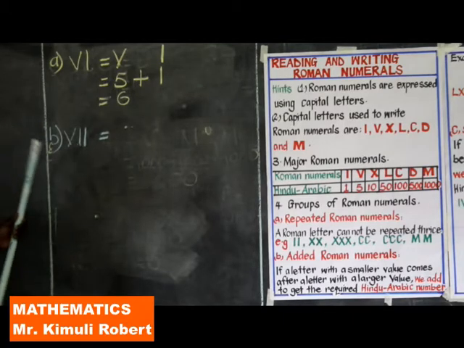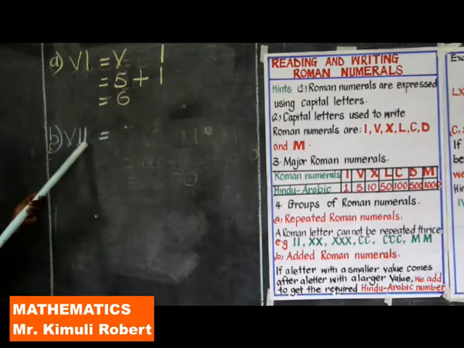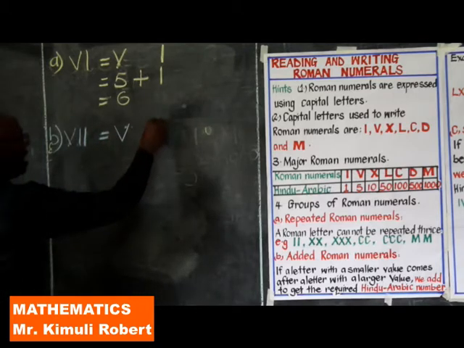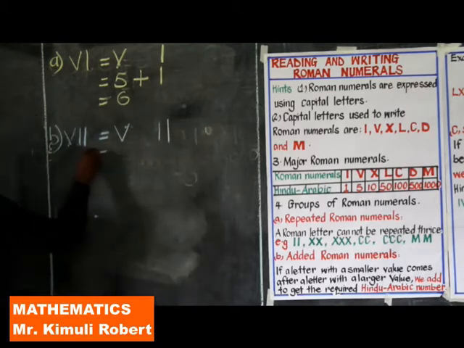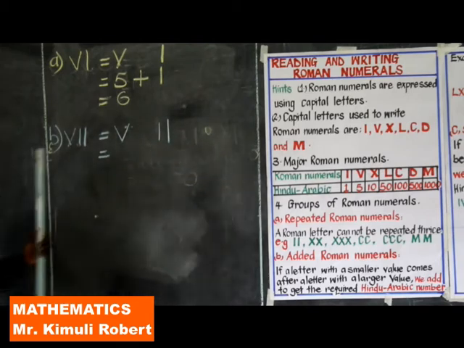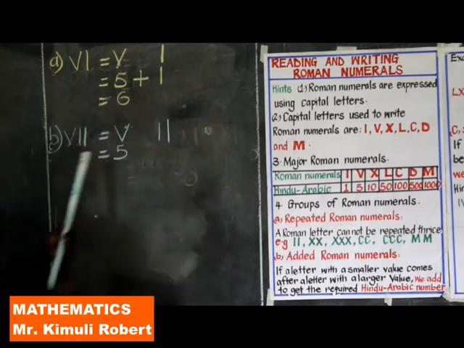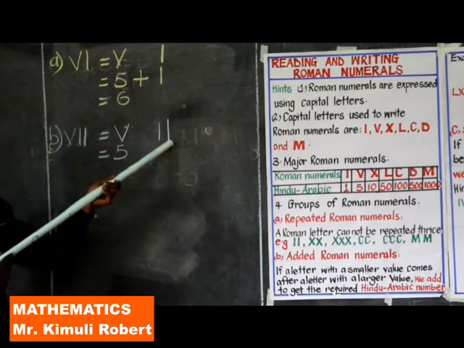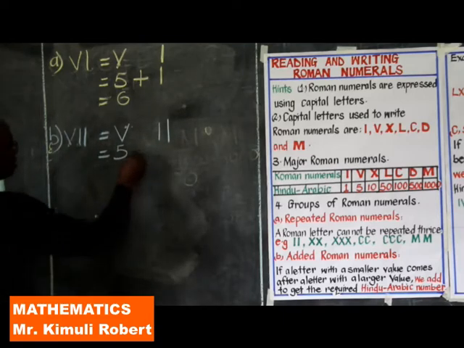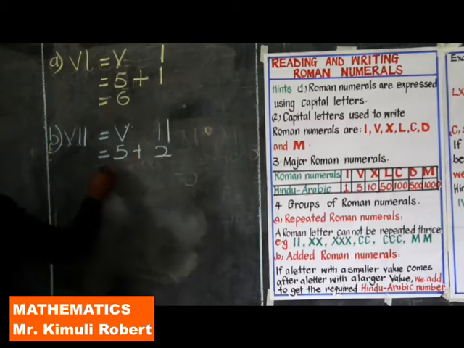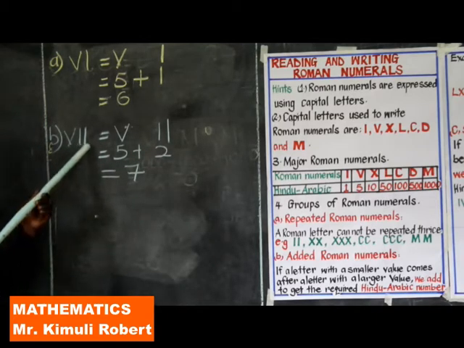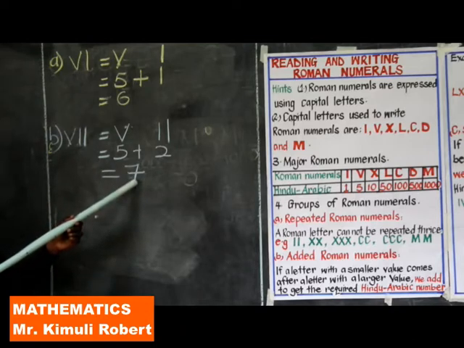So it means you're going to add to get what we mean by VII in Hindu-Arabic. So this is going to be V and II. V is 5. II is 2. This is 1 plus 1, which is 2. So this is plus 2. So we end up getting 7. Meaning that VII in Hindu-Arabic is 7.